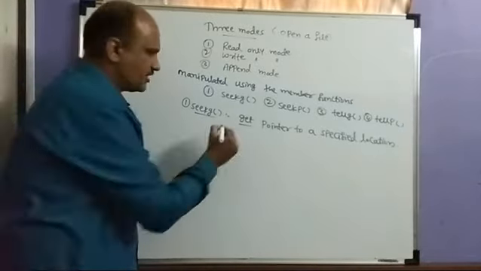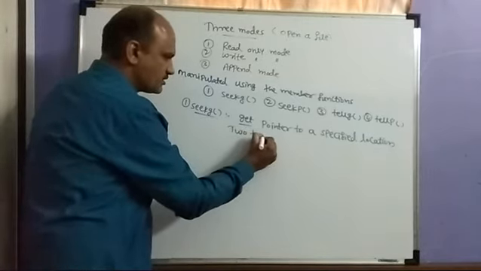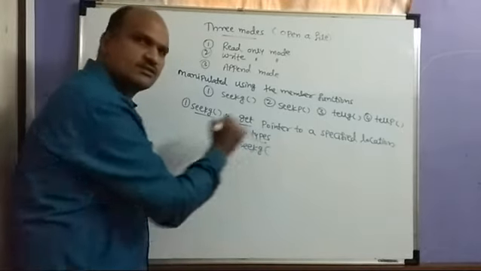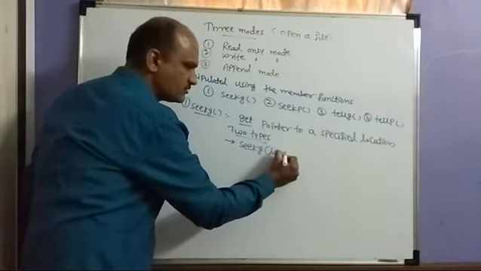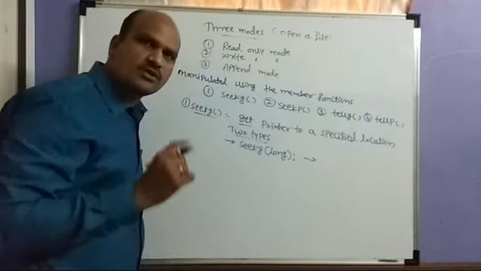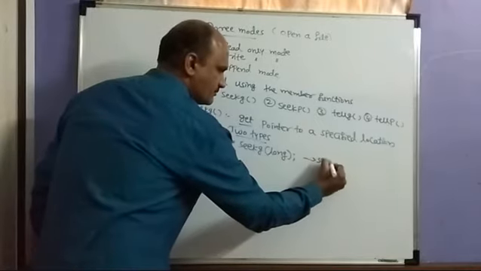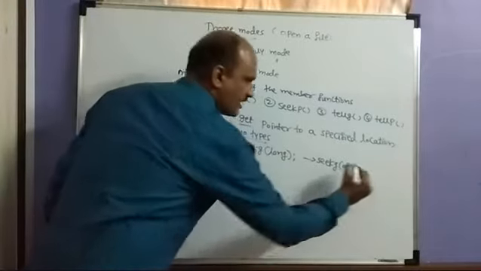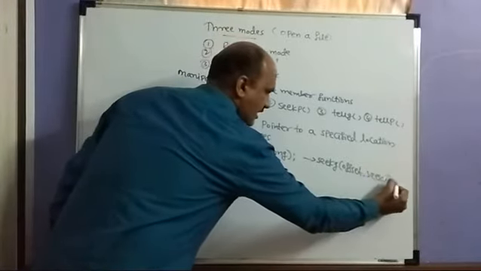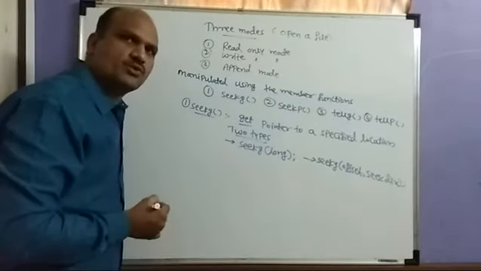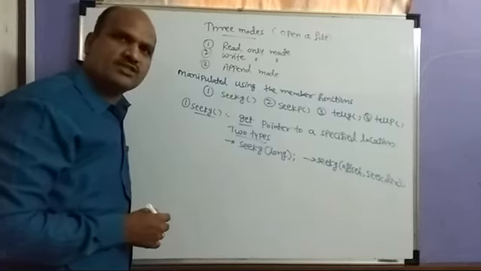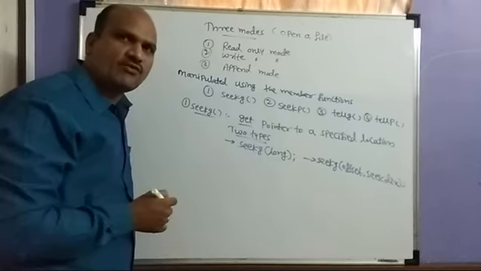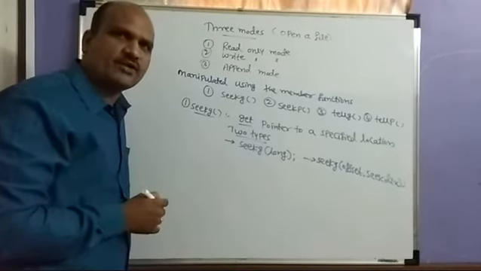There are 2 types when you go for this seekg. One is seekg with the long, and another one is with the offset and a particular seek direction.